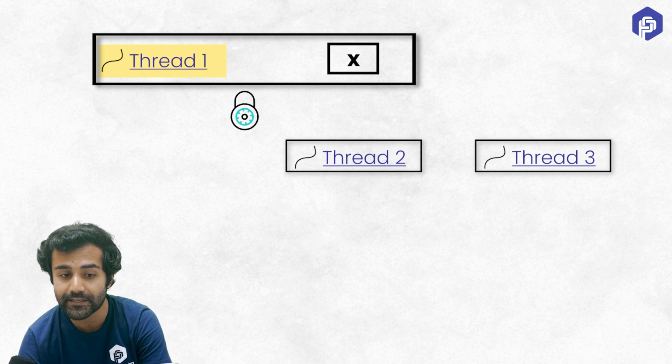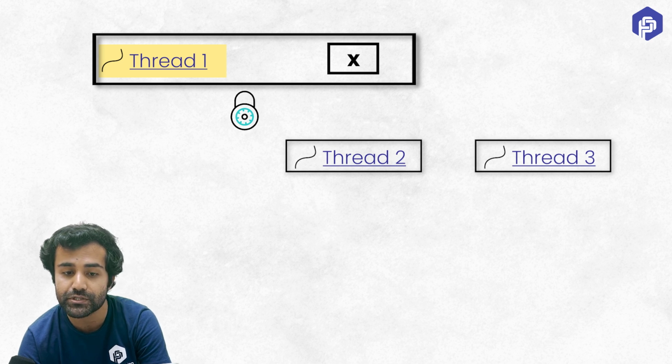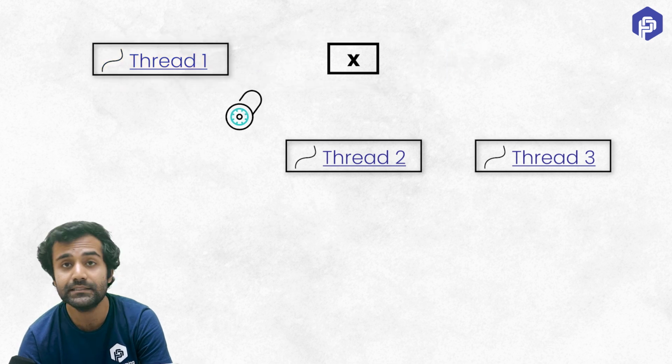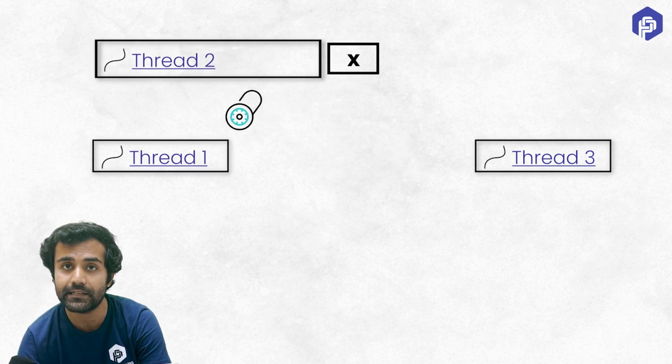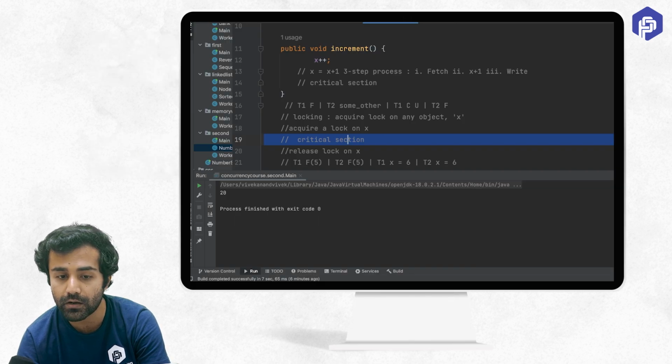So your critical section, which was composed of 3 different steps, fetch, compute, and update, will all be executed for the current thread. Then only the other thread can take it on from there. So this is a very, very standard solution for race conditions: you acquire a lock and then execute your critical section. Now you can acquire a lock on any object, on any random object.